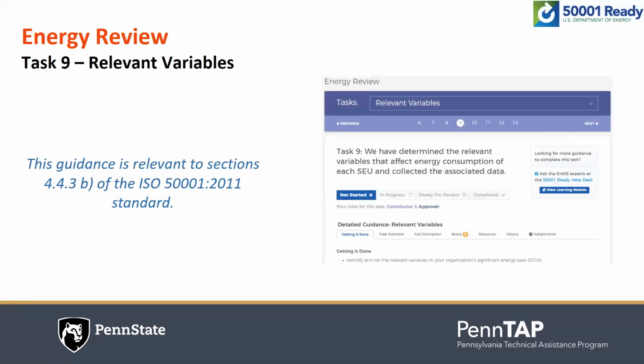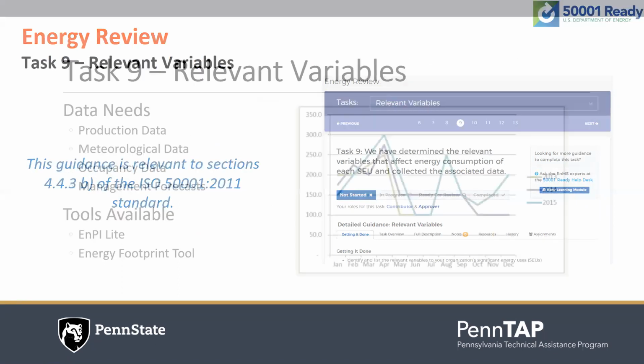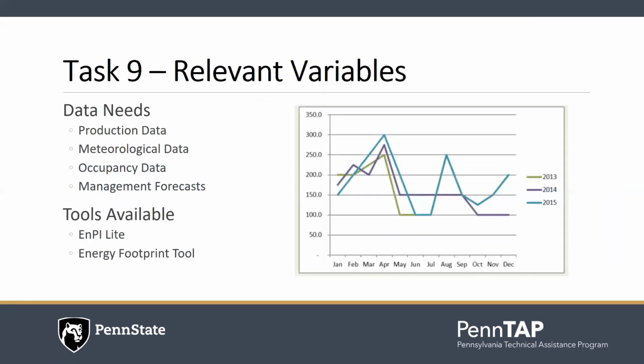So the next piece we'll take a look at is all of the relevant variables. What you'll need for relevant variables, starting is that production data I mentioned earlier. You use a lot more energy if you're producing 1 million widgets than if you're producing 500,000 widgets. Then you'll need the meteorological data.